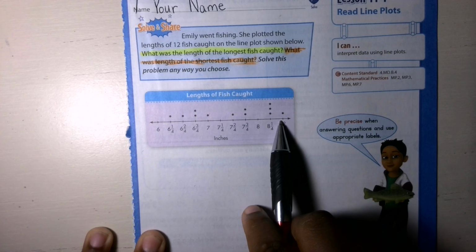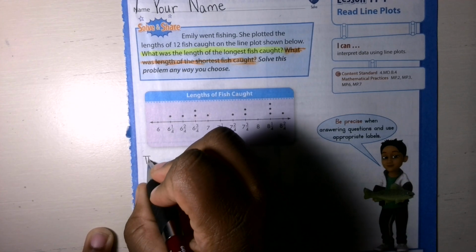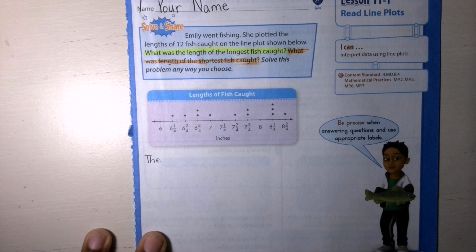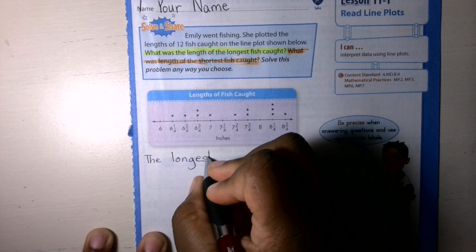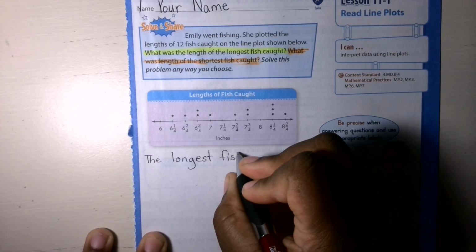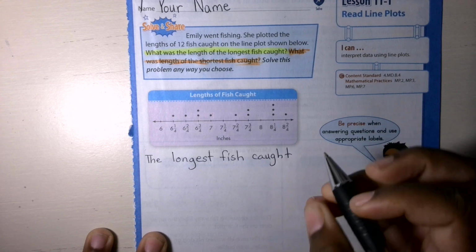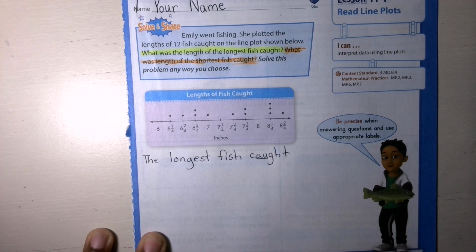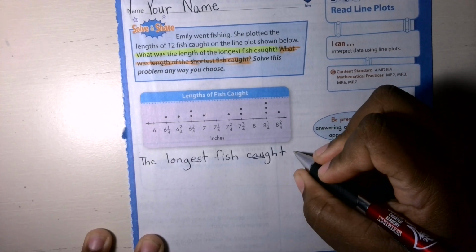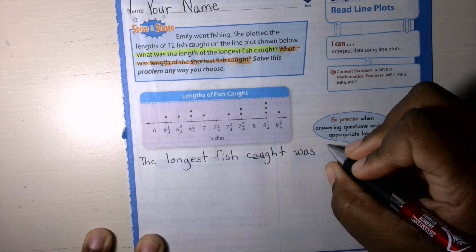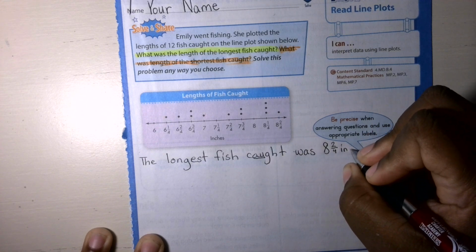So the largest fish caught was 8 2/4 inch. The longest fish caught was 8 2/4 inch.